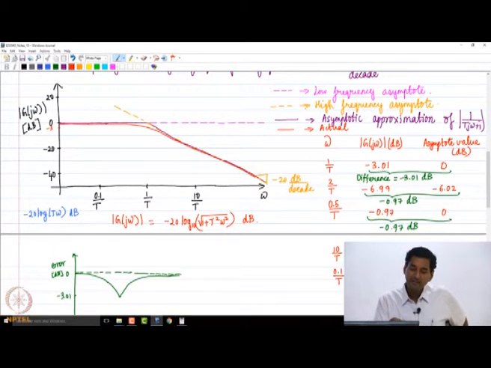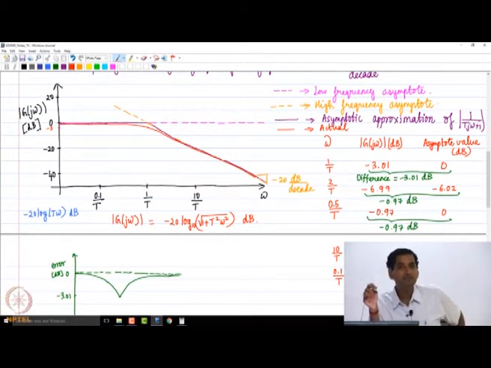If you look at the magnitude plot of this factor 1 by Ts plus 1, what can you immediately say about its characteristic? Does it appear familiar with something which you already learned? You can observe that it has the characteristics of a low pass filter, right.